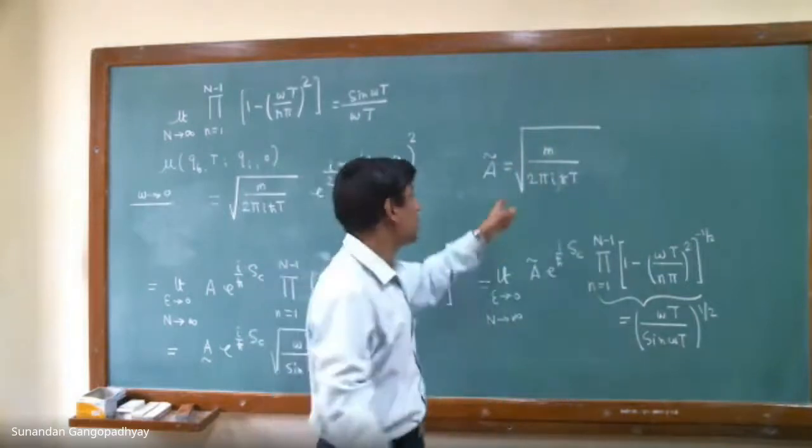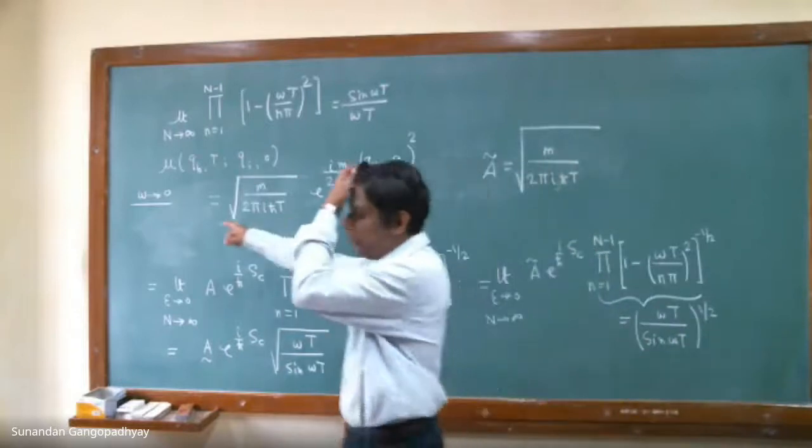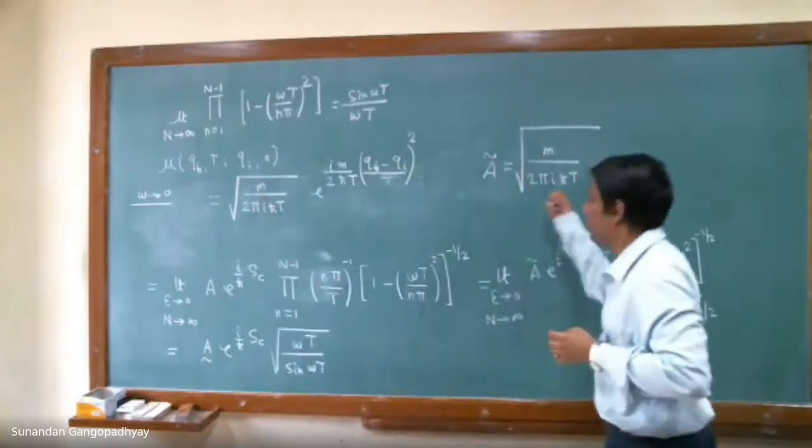So you fix this value, the value of the constant A tilde gets fixed from the free particle limit, from the omega tending to 0 limit. So this becomes this.